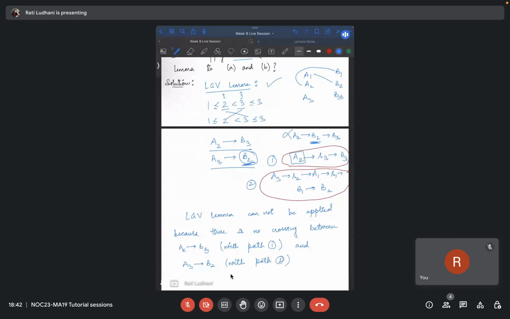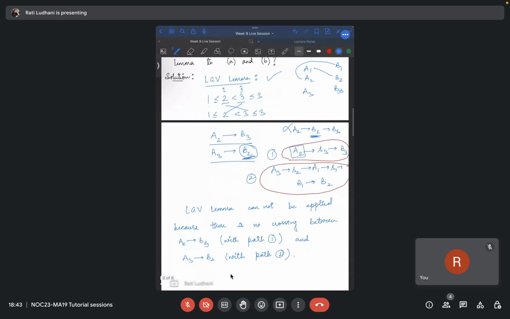So there exists some path for which there is no crossing. So we cannot apply LGV lemma.